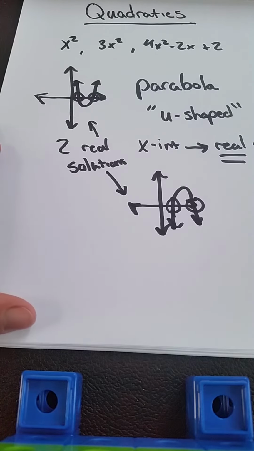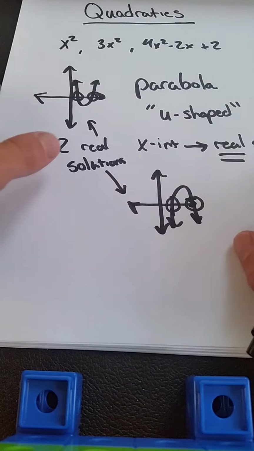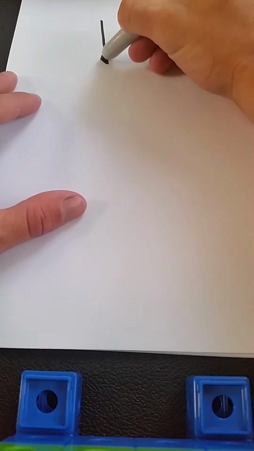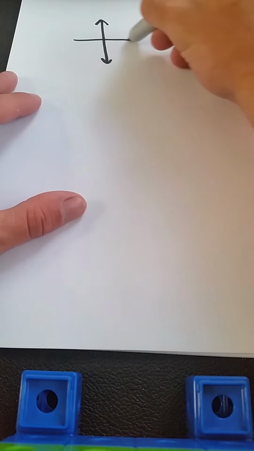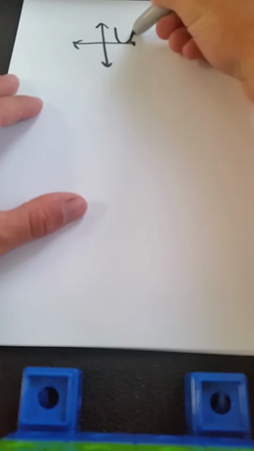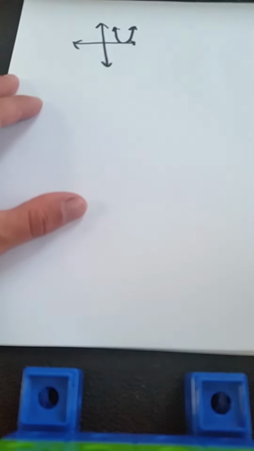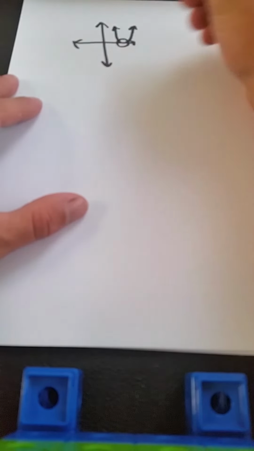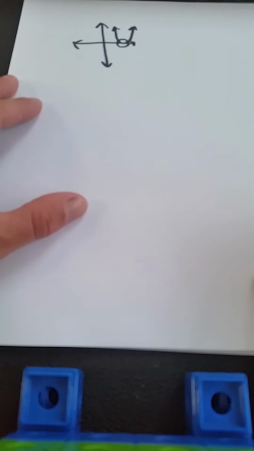Now, another way that we can look at a quadratic is what happens if our quadratic does something like this. It goes down, it touches the axis, and goes back up. This is one of the scenarios where you can see that it does not have 2 solutions. It only crosses the axis in one location.